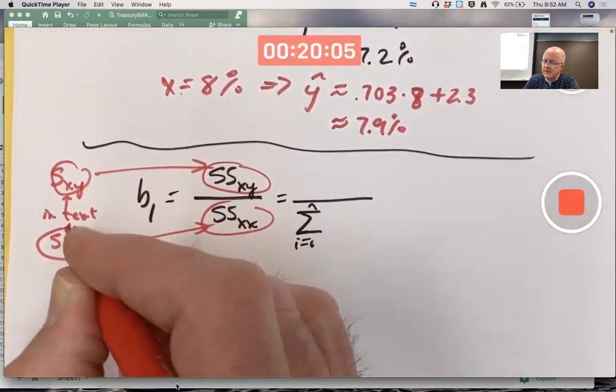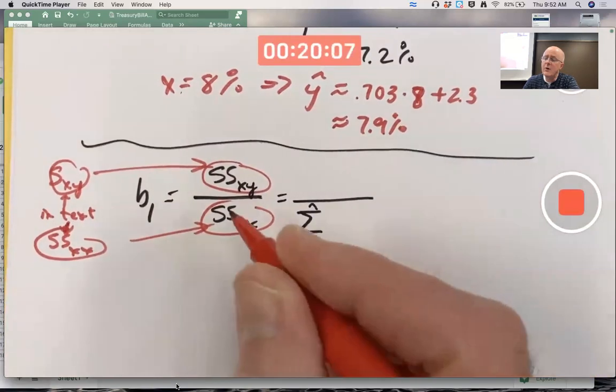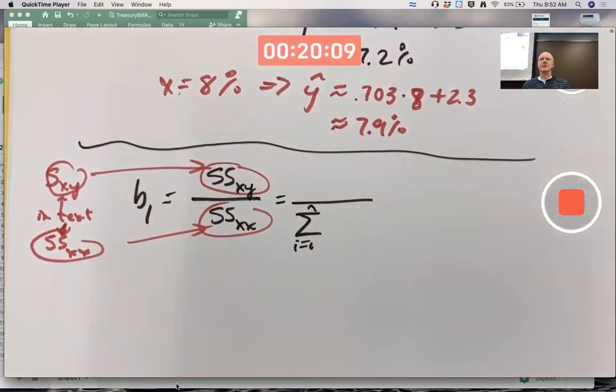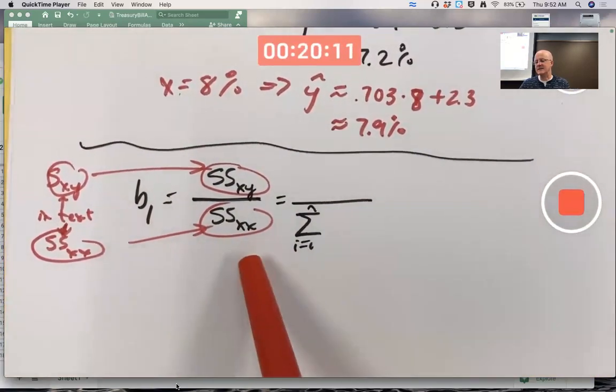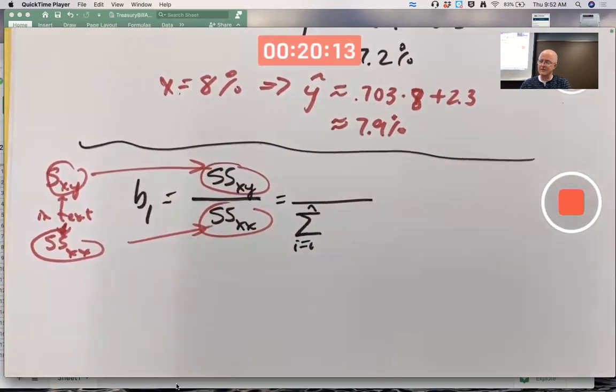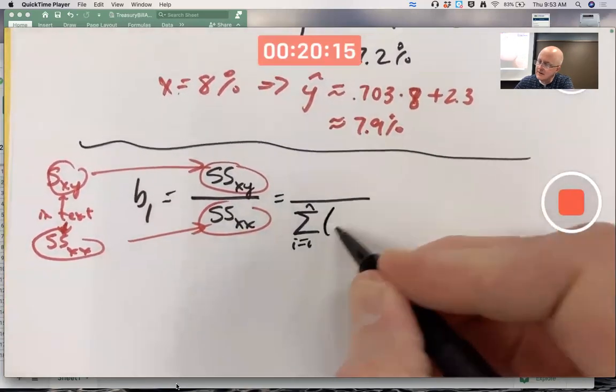I like using two S's to remind myself, at least in the case of the X's, it's a sum of squares. It's this sum.